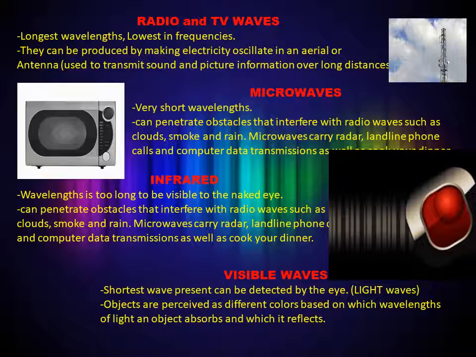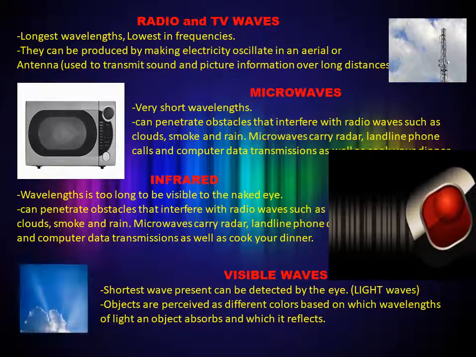Objects are perceived as different colors based on which wavelengths of light an object absorbs and which it reflects.